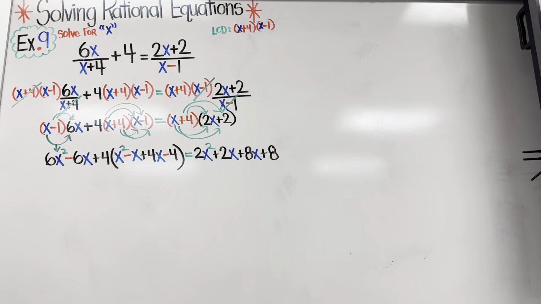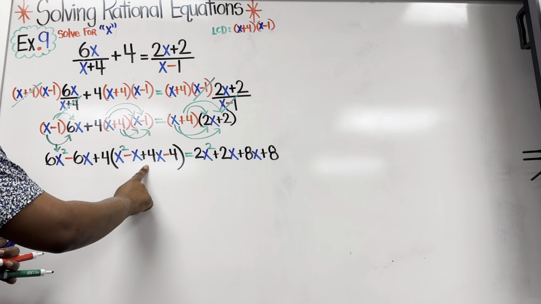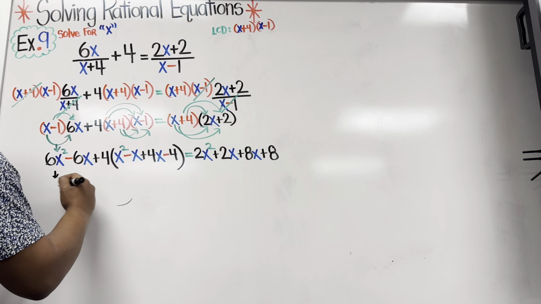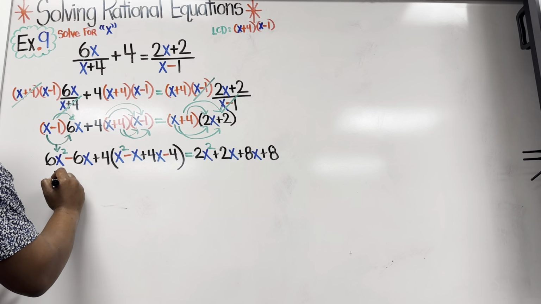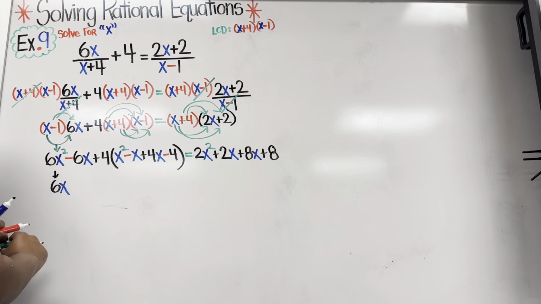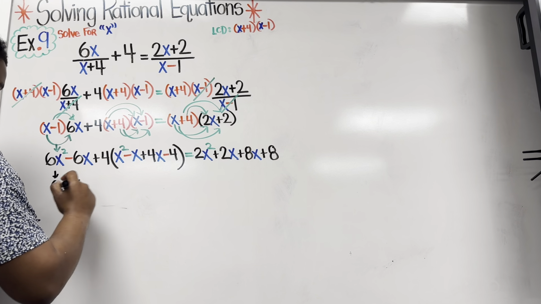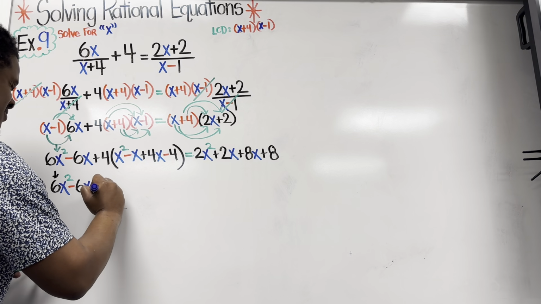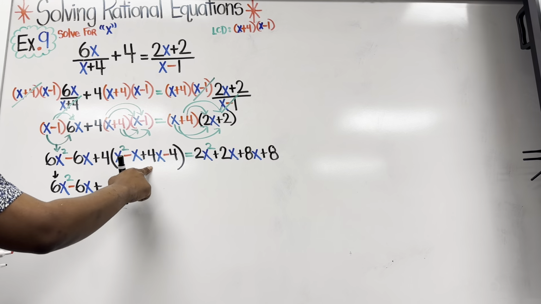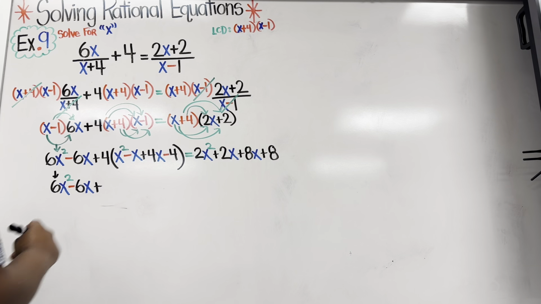Okay? Now, what I need to do, guys, I actually need to distribute right here. So I'm just going to bring everything else down the way it is, and I'm going to distribute this part. Okay, so I still have 6x squared minus 6x, okay, plus, now I'm going to multiply 4 by everything inside this parentheses.